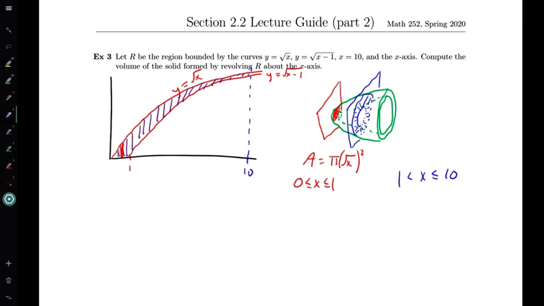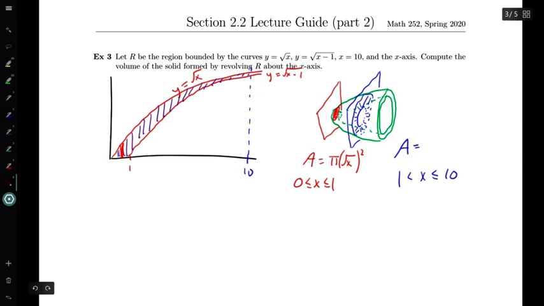So to compute the area of that disk, we want to take pi times the outer radius squared. We want to take the area of the full circle. So we want to think about the area inside this outer circle, including all of the stuff in the center. And then we want to subtract away the area inside.